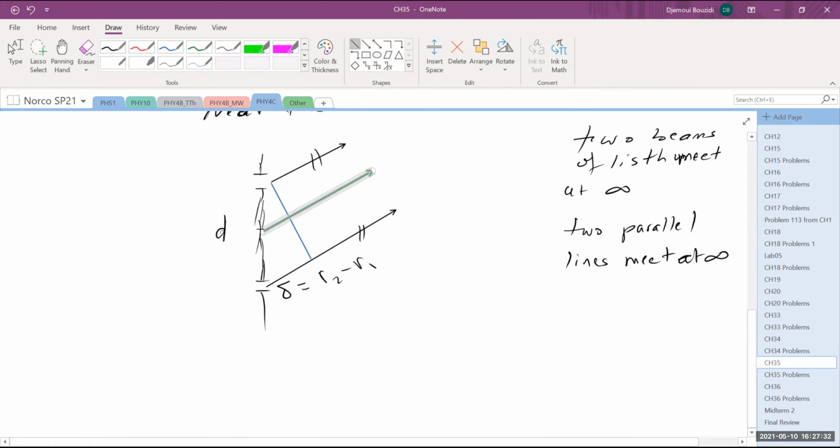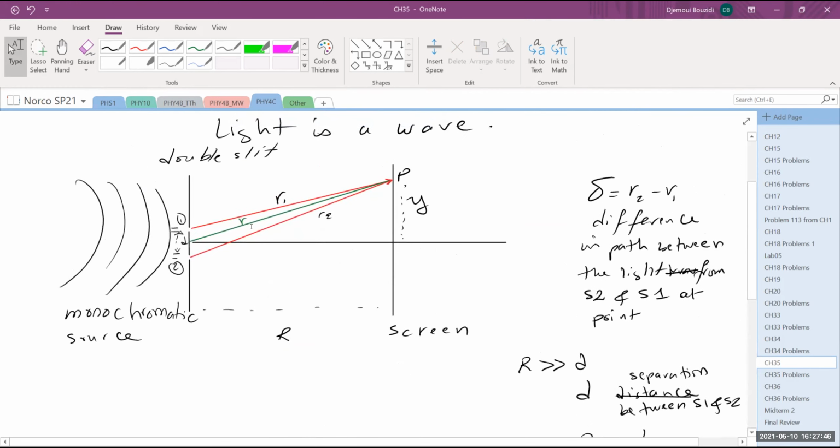Let me draw that angle. Again, this is the middle, and this is the middle that is going to go to the middle of the screen. This is the angle theta, by definition. Okay? So this is the angle that I can clearly see from this geometry, whose tangent is equal to y over r.